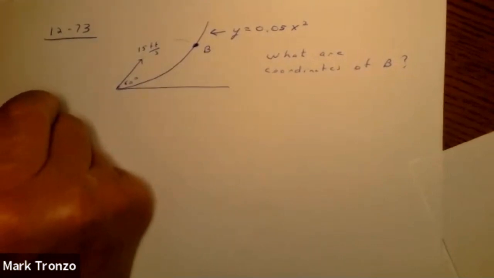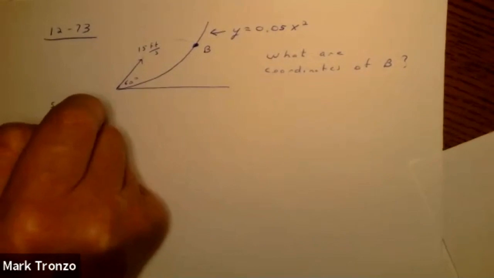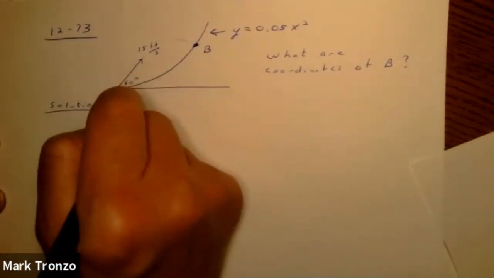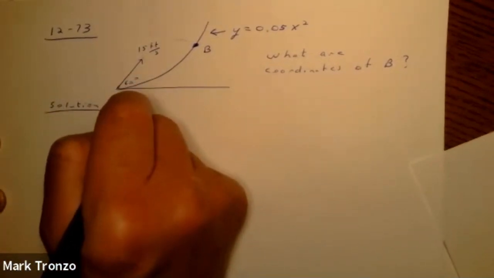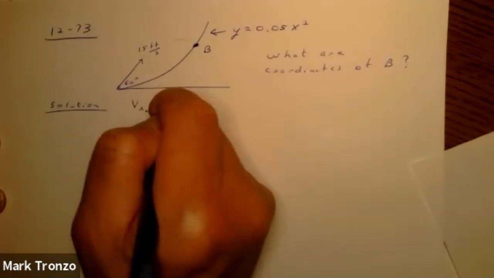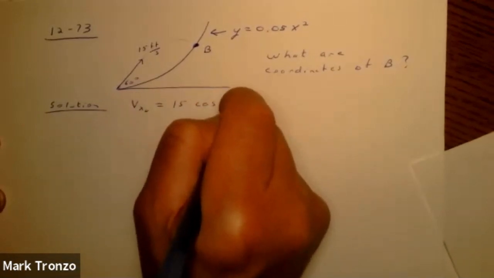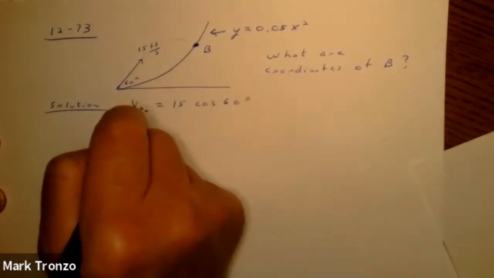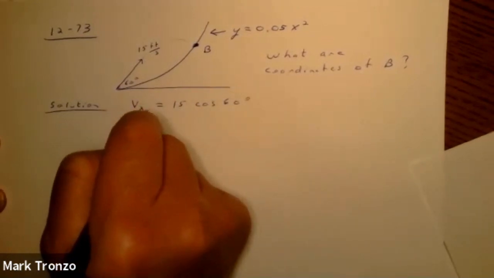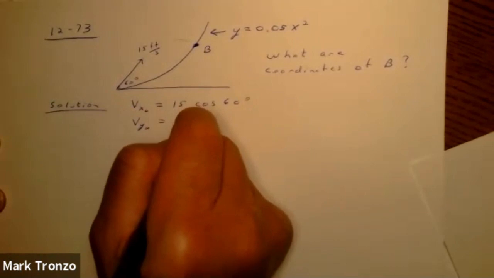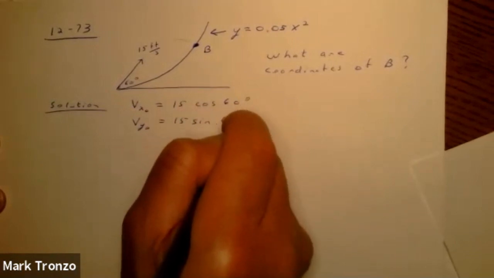So let's take a look at that. Just like before, usually the best thing is to start out and find your velocities. Let's find our initial x velocity. That's just 15 cos 60 degrees. Our initial y velocity, 15 sine 60 degrees.